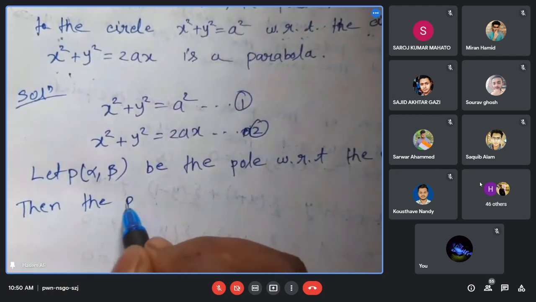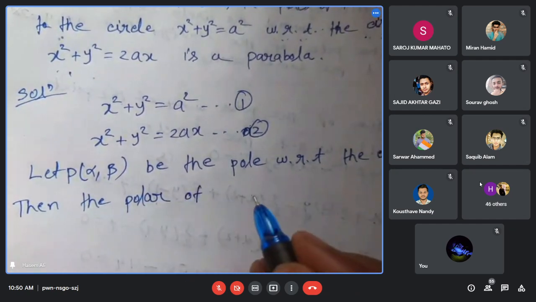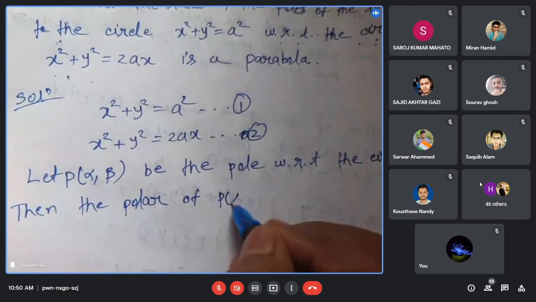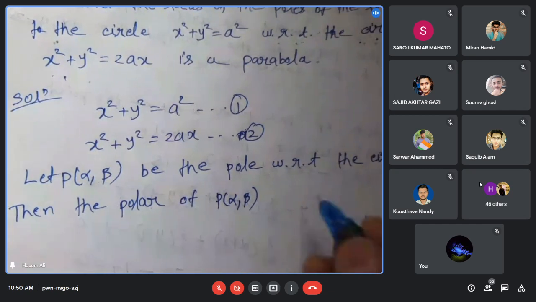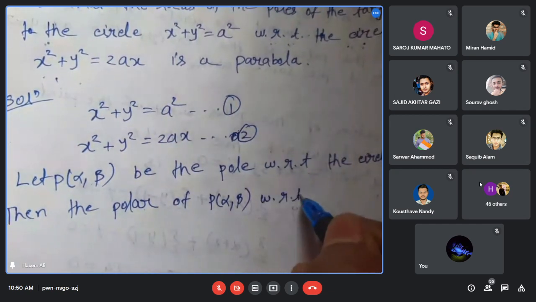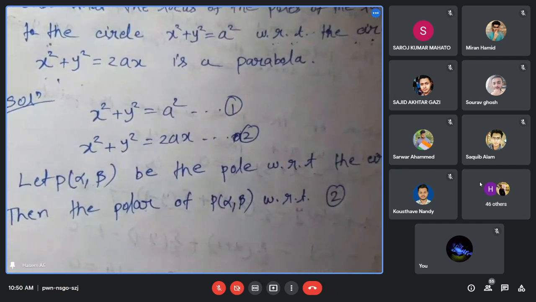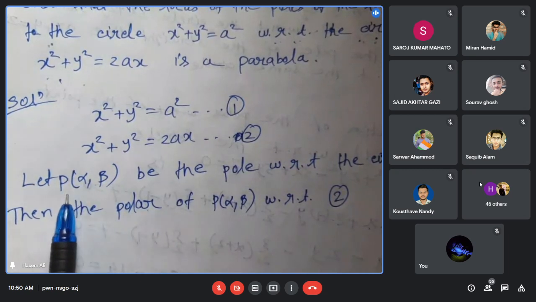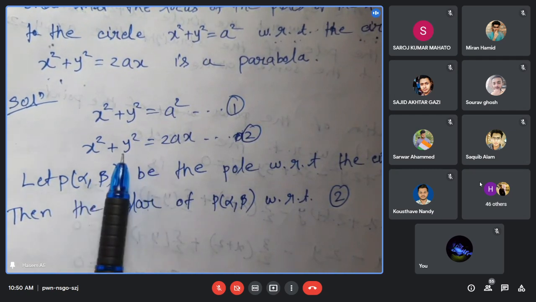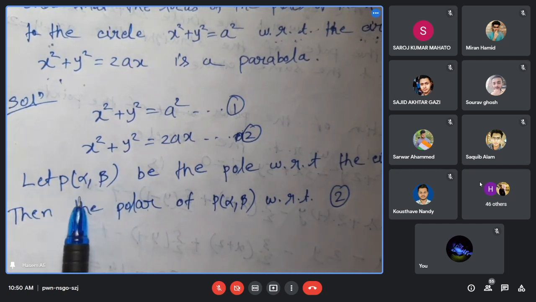Then the polar of p alpha beta with respect to the circle 2. So we consider this is the pole. Then what is the equation of the polar for this with respect to this circle?